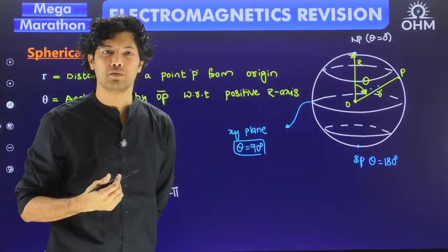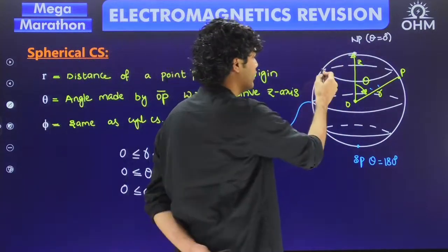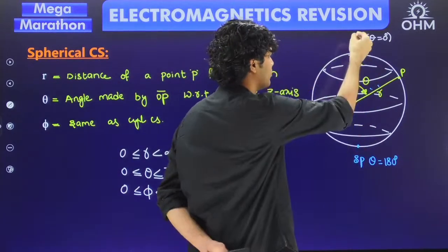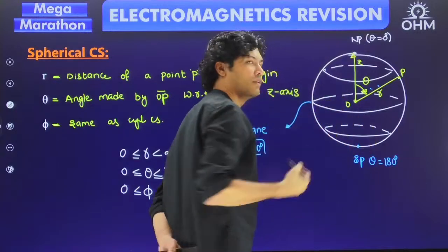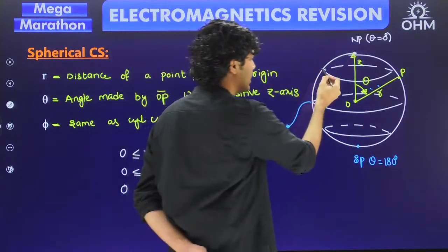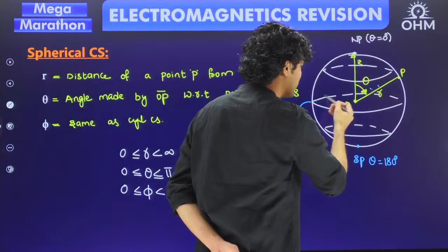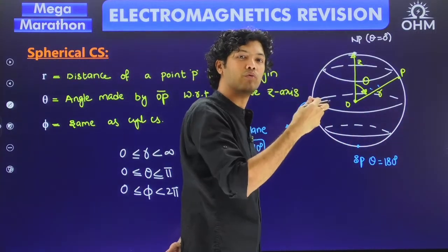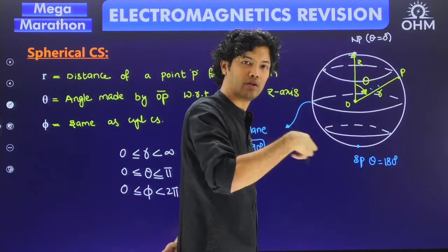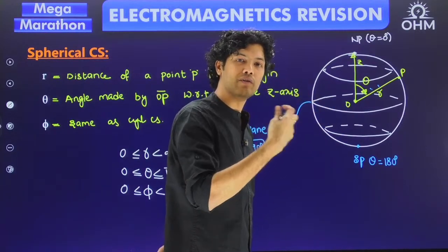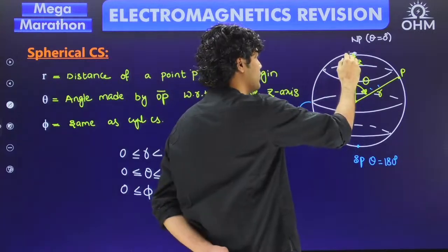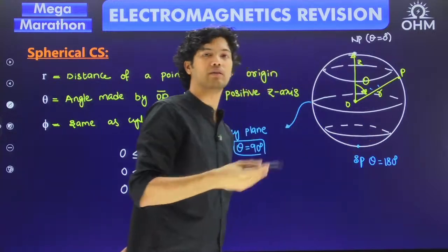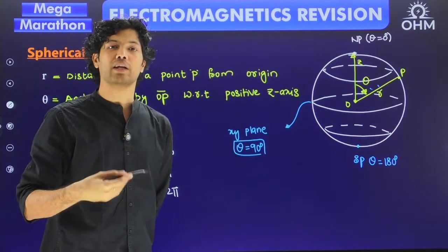Let's assume you take Earth as reference. An easy way of remembering the spherical coordinate system: when you are moving along this circle, are you not moving around the z axis? North pole to south pole is nothing but the z axis. If you are moving along a latitude circle, and the equator is also a latitude circle, you are moving along the phi direction. Only phi changes. When you are moving from north pole to south pole along a longitude, you are moving along the direction of theta.